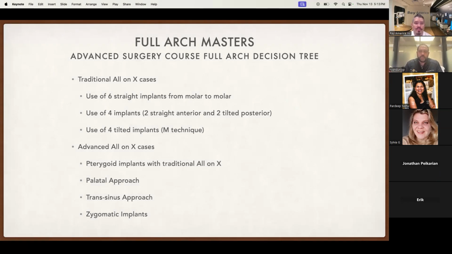Unless you have a lot of experience managing sinus complications, dermocutaneous complications, and long-term nerve issues, you shouldn't be doing or planning zygomatic implants. But pterygoid implants, palatal approach, even some trans-sinus approaches are very reasonable things for the full arch dentist to understand, and even to do in their practice.